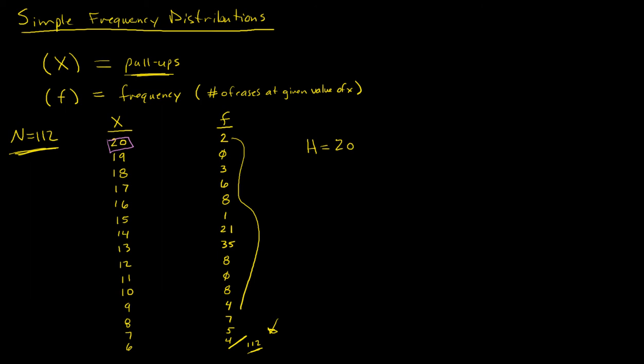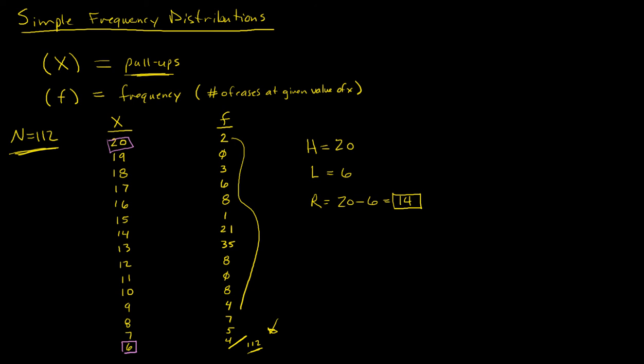My low, down here, is 6. The range is the high score minus the low score, so in this case it's going to be 14. And again, you can get a sense of the spread of the data, and a sense of where the middle might be when you look at the frequency.